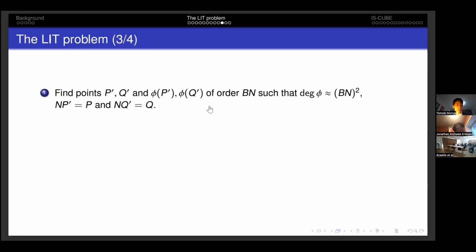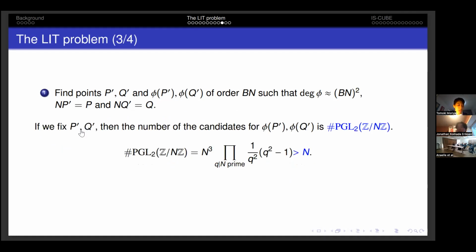Okay, then I explain the first approach to solve the LIT problem. This is to find points P', Q', and the image points. If we fix some points P', Q', then the number of candidates for phi(P') and phi(Q') is the number of PGL2 of Z over NZ. This is the projective general linear group over Z over NZ.